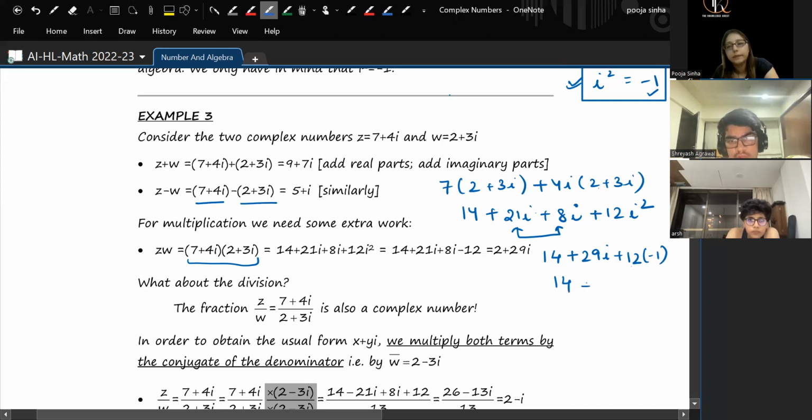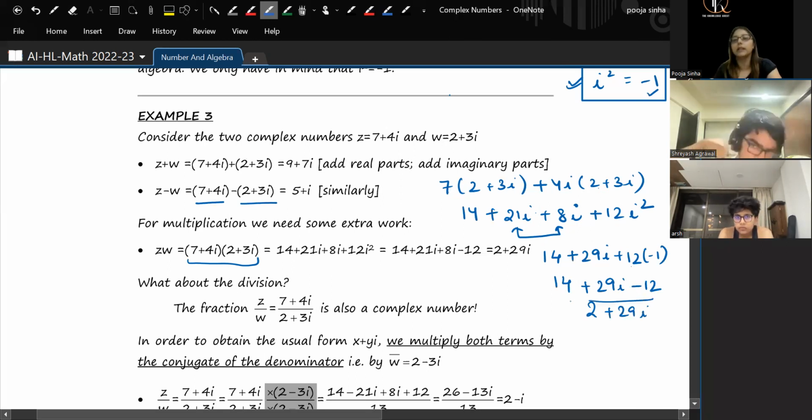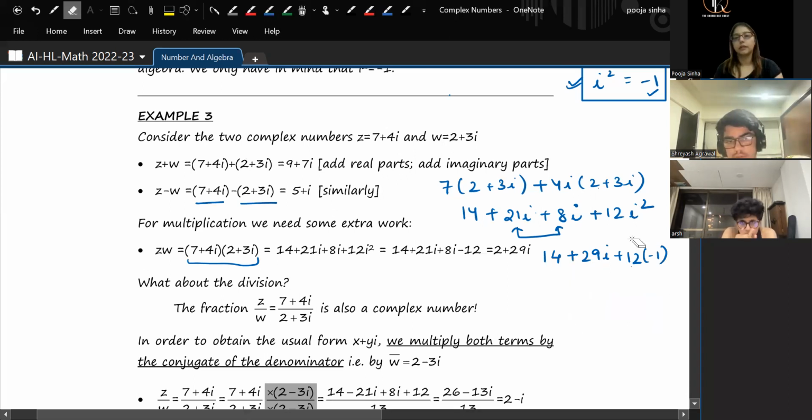So it's just 2 plus 29i. 14 minus 12 is 2. So 2 plus 29i is my final answer. Clear? Any confusion here? No confusions. Okay, perfect.